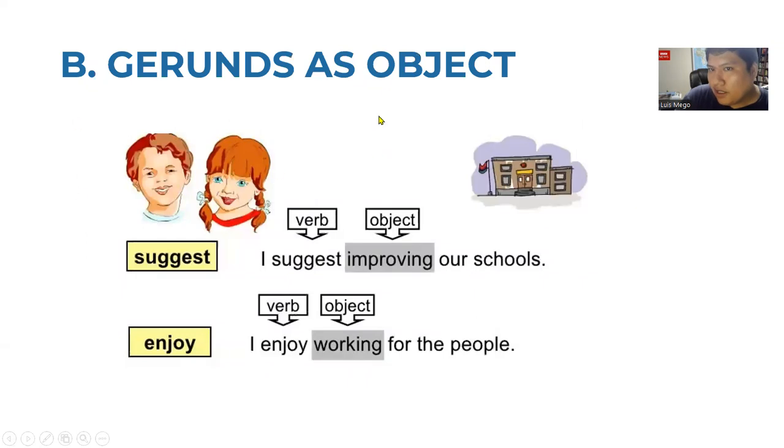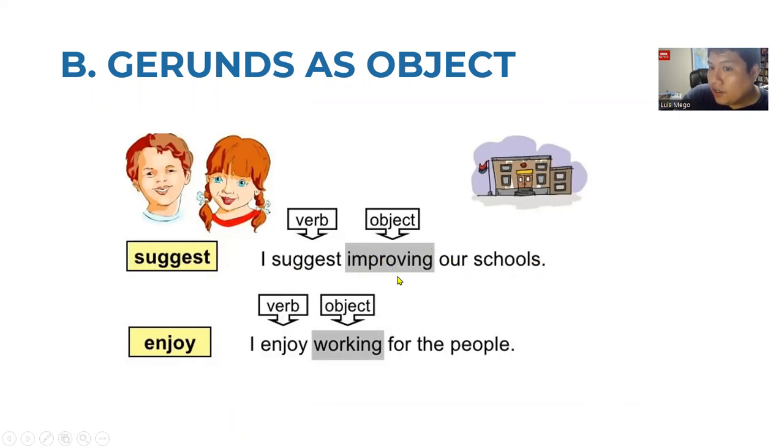As an object is after some verbs, for example, suggest, improving. I is the subject, suggest is the verb, improving our schools is the complement, but inside the complement we have an object, improving.